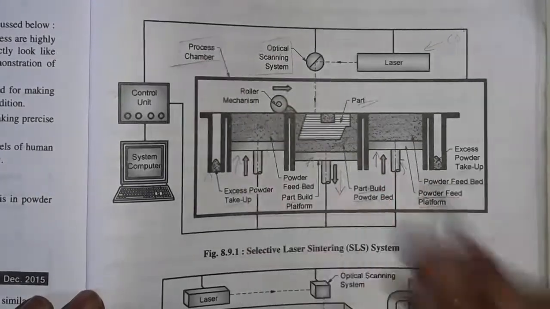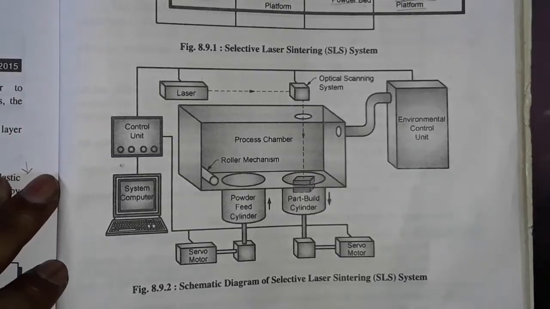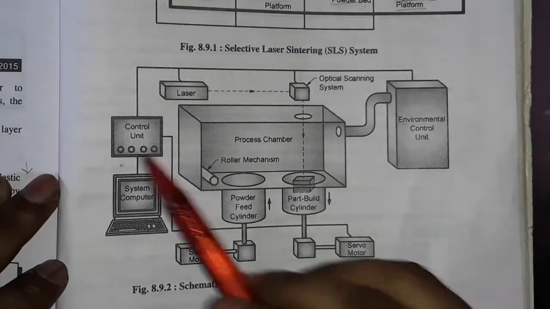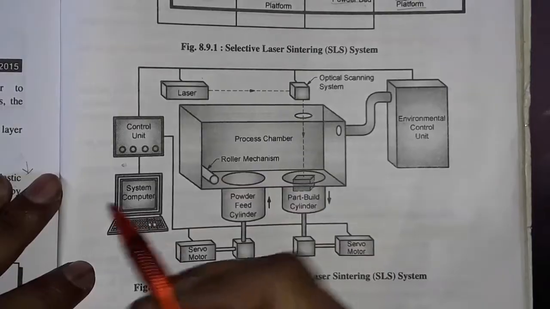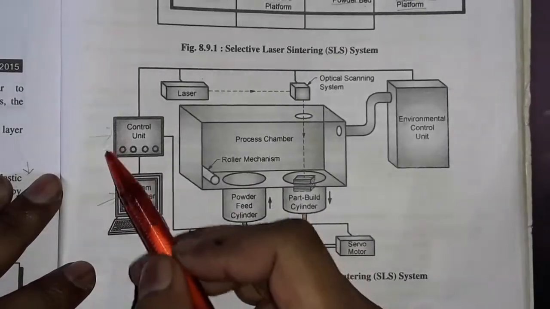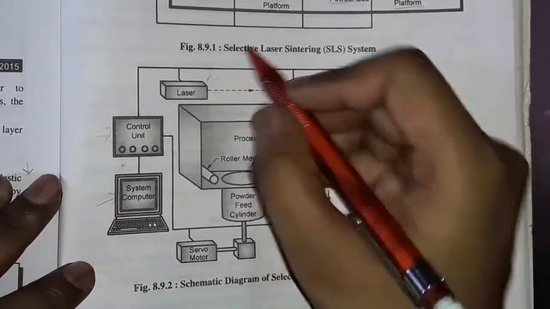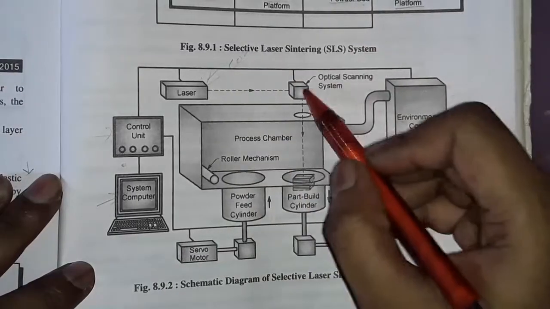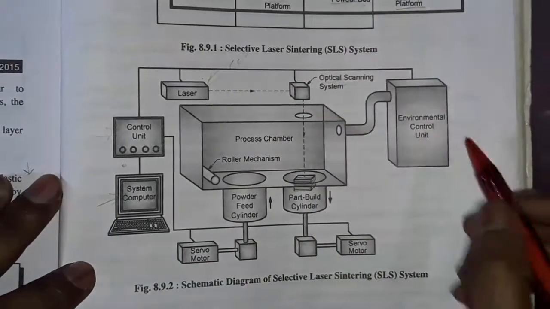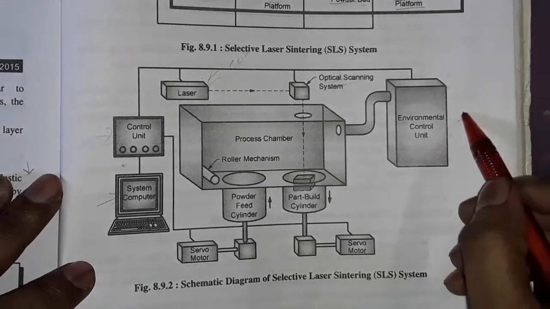Let's see some more things about selective laser sintering system in this diagram. Here friends, as we know, this is system computer, this is control unit, this is CO2 laser, and here it is optical scanning system. It is environmental control unit.